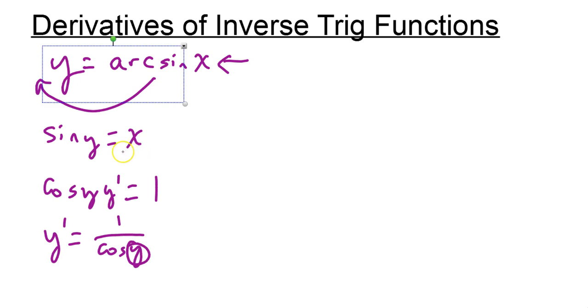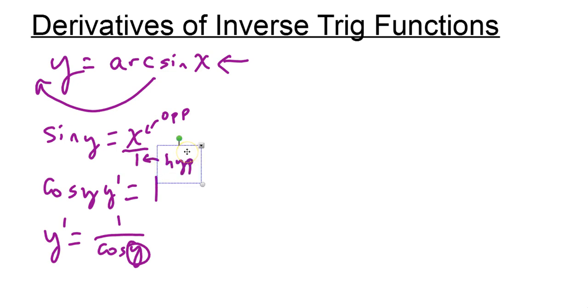Now again, since it's a ratio, I need to make this into a fraction, right? I know that the sine, by definition, is the opposite side over the hypotenuse. Well, what number could I put on the bottom here so that I don't change this fraction overall? Couldn't I put a 1? So I know that my opposite side to the y angle is x, and I know that the 1 must represent my hypotenuse.